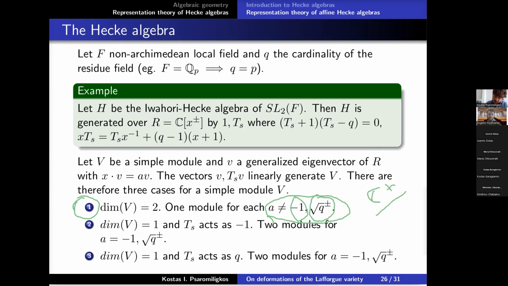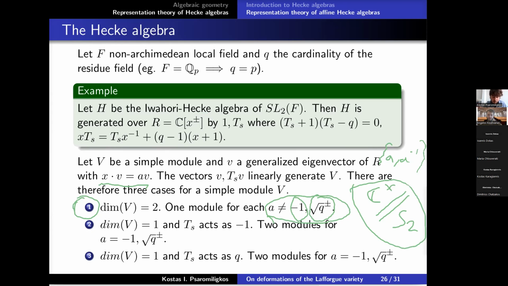You should think of it as an element of C star mod S_2. Why? Because we just want an eigenvalue of X, but if a is an eigenvalue of X, a inverse is also an eigenvalue of X. So I really care about this pair, not about the one value in particular, which is why a should be thought of as living in this quotient.